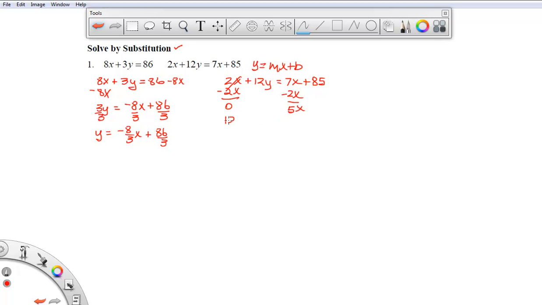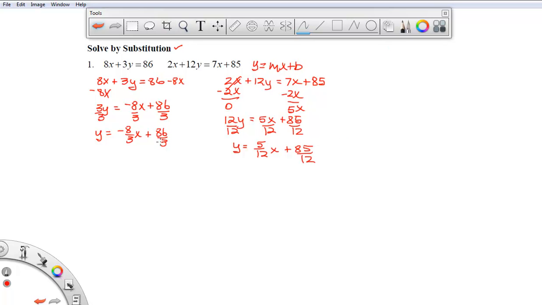So now I have 12y equals 5x plus 85. I'm going to divide everything by 12 to get y by itself, and so my second equation is y equals 5 over 12x plus 85 over 12.